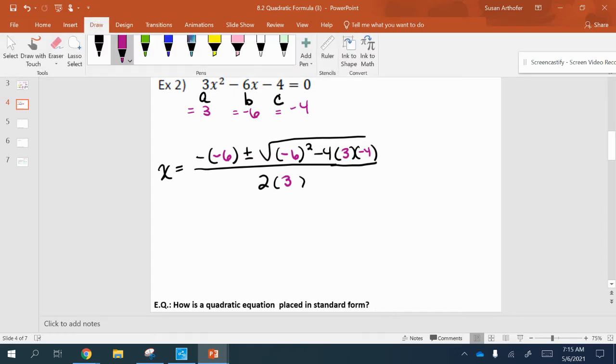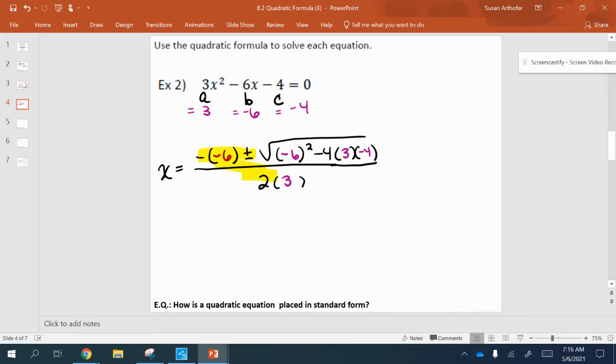Okay, we're going to go ahead and focus our attention right here, and then we'll do the radical. So x will equal negative negative 6 changes to positive 6, plus or minus. Bottom is 6. And now we'll do the radical on the side.